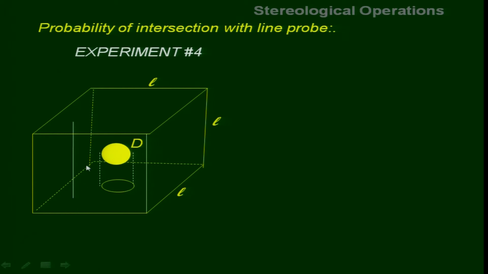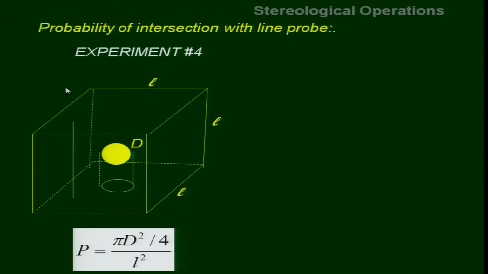Therefore, this line will intersect the sphere if the end point of the line falls inside the projected circle. Hence, the probability is the area of this circle divided by the area of this plane, which is pi d square upon 4 divided by L square.